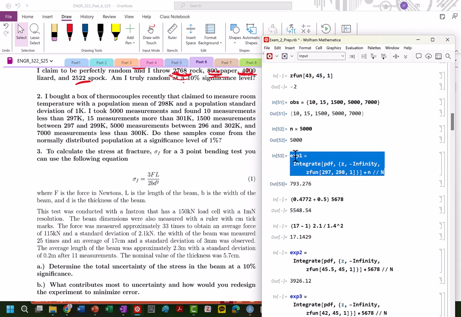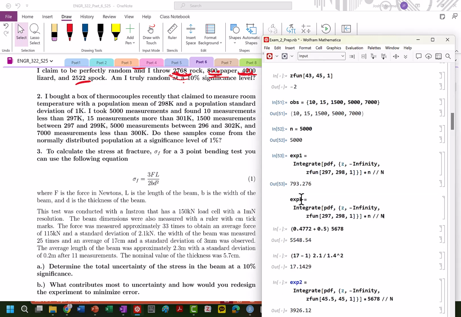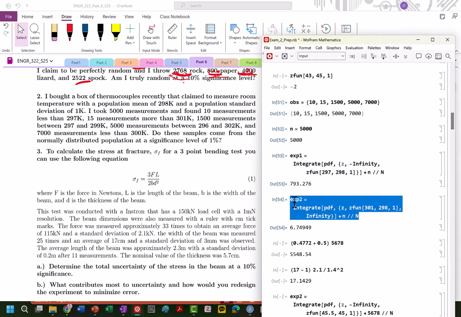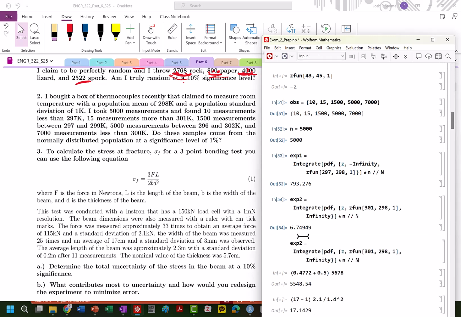So that's our expected 1. Our expected 2, 15 more than, so basically we're going to go 301 to infinity, and beyond.